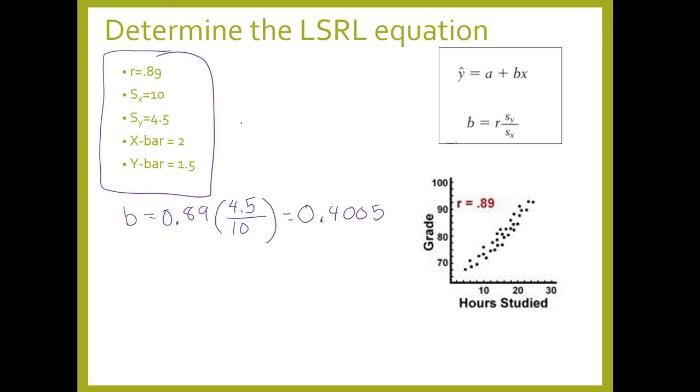Then because I know this line goes through x bar, y bar, I'm going to use my point-slope form and substitute in. I'm going to take my y and make it a y hat, and then substitute in my x bar, y bar point. Slope is this.